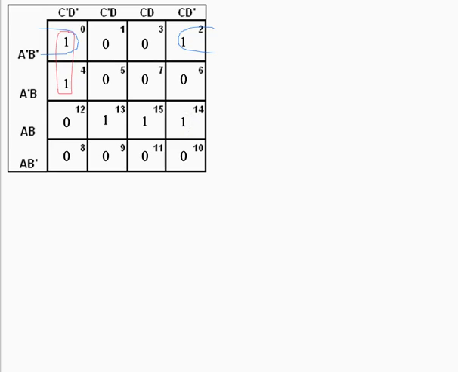Now, one might be tempted to do the following. Let me change color and use green. So one might be tempted to take these three terms together, but you cannot. You cannot take those three terms because they're not a power of 2. You can only take 2 terms or 4 terms or 8 terms, but it has to be a power of 2.